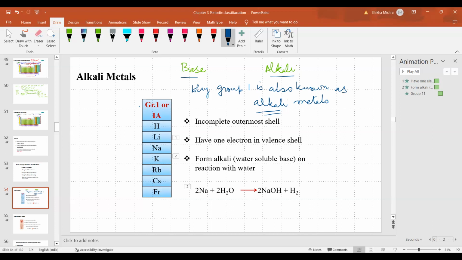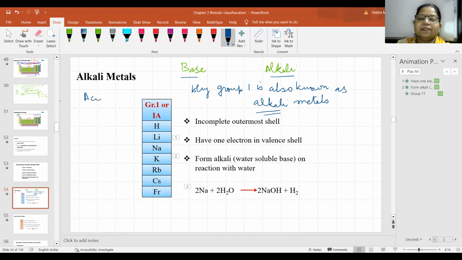Are they hydroxides? They are bases, like when they are mixed with water, we have the properties of a base. Yes, it is written on the screen itself also. We have acid, we have base, we have alkali.